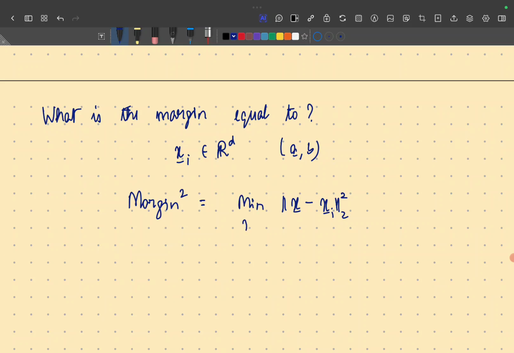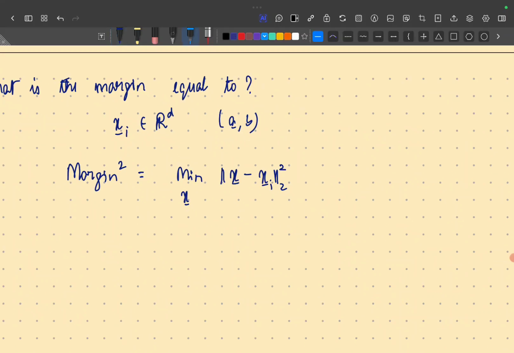The minimum over all x in the hyperplane. So you can think of the margin as the distance from xi to the closest point in the hyperplane. You're given this hyperplane and some arbitrary point.